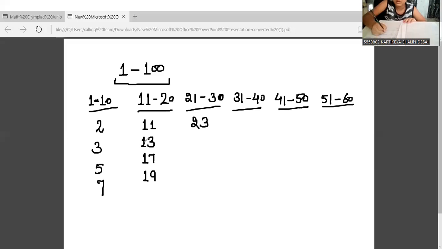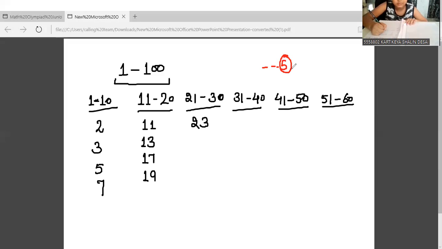What about 25? Yes, Karthik? It is divisible by 5. Exactly. Can you say that if I take any number which is ending in 5, whose unit place is 5, it will always be divisible by 5? Yes.